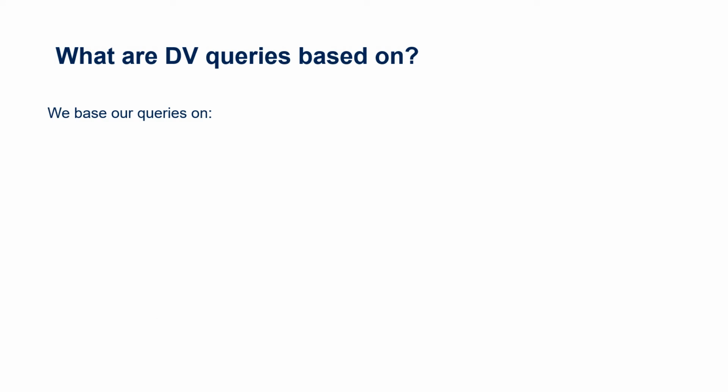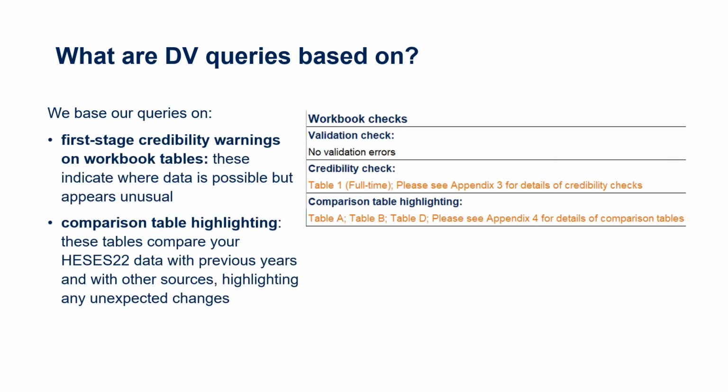We base our queries primarily on first stage credibility warnings and comparison table highlighting. First stage credibility warnings may occur where the data in the workbook is possible but seems unlikely or unusual. We'll look at an example in a moment. Comparison table highlighting.